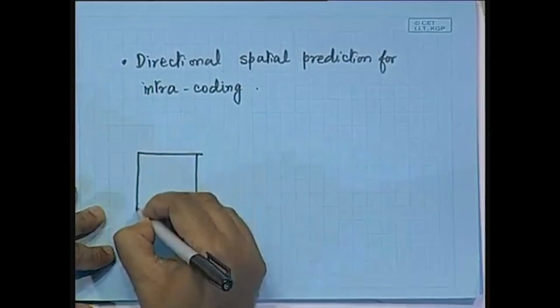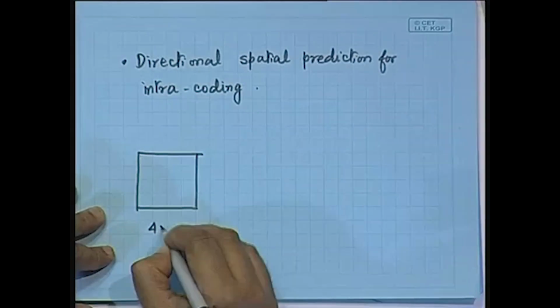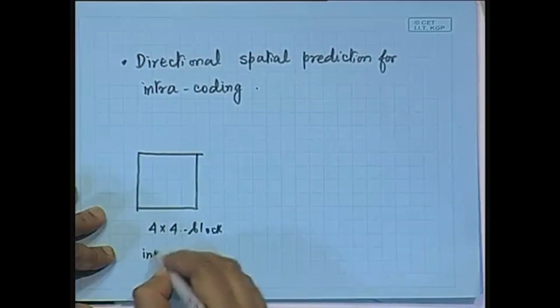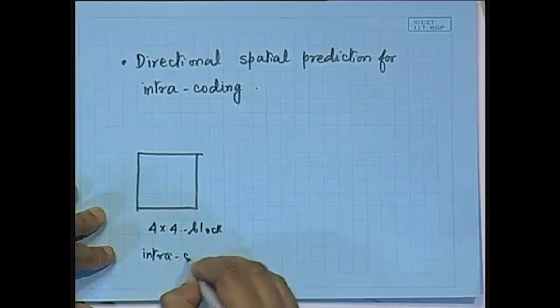like this. Supposing this is a 4 by 4 block which is to be intra predicted, which is to be intra coded.